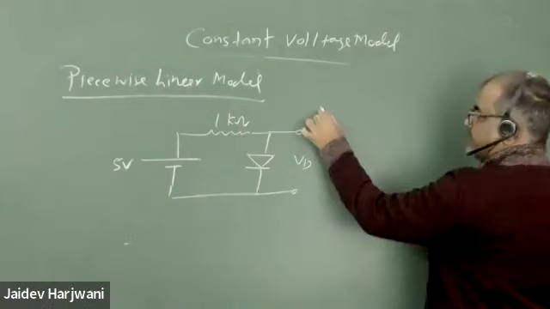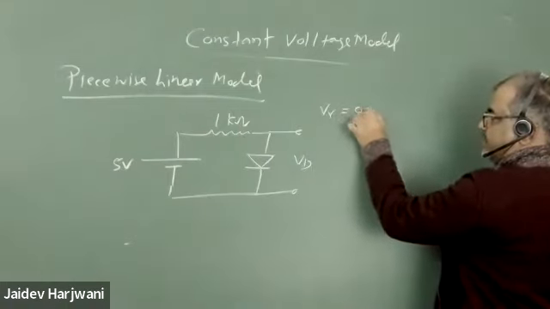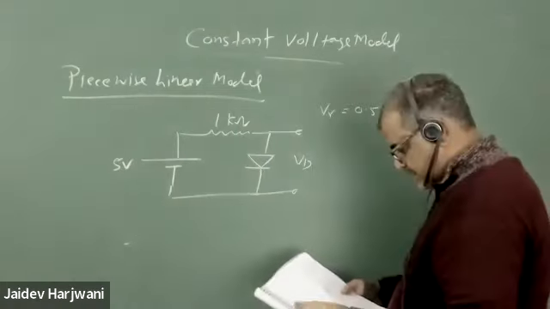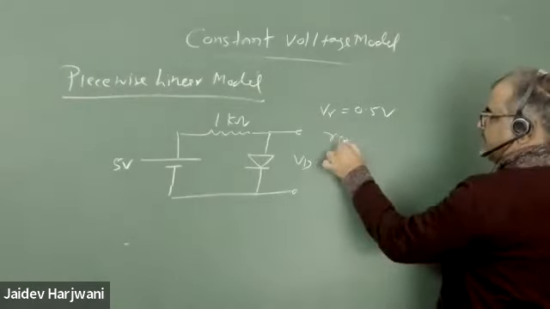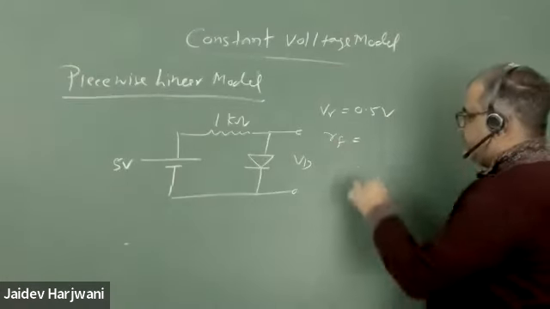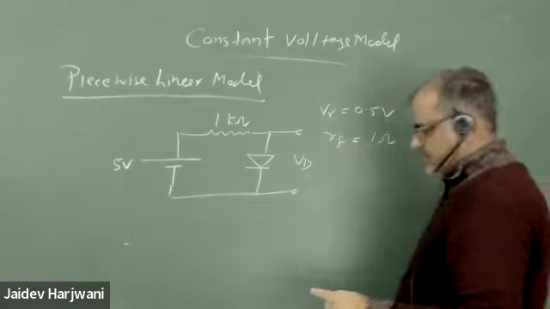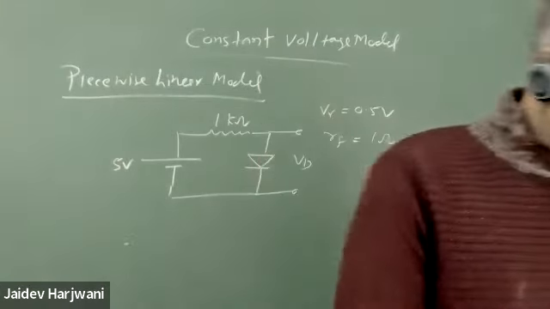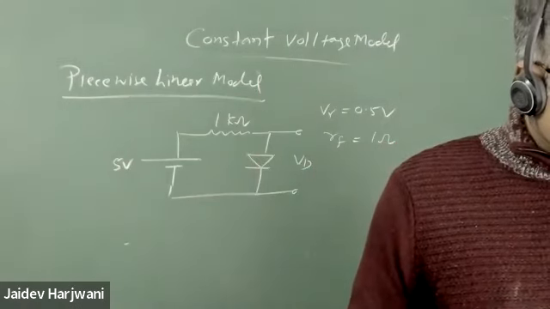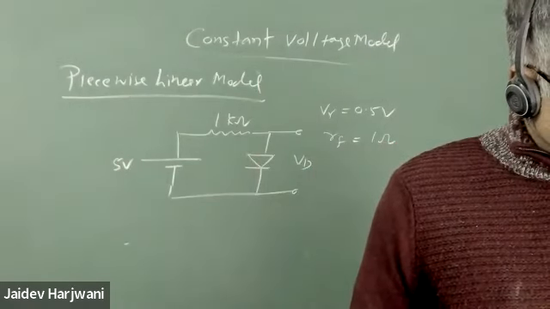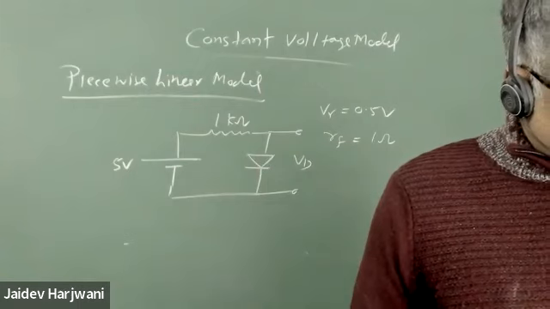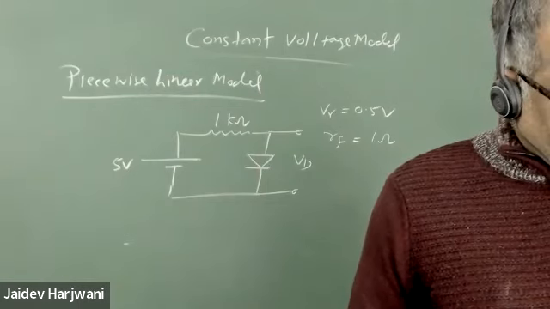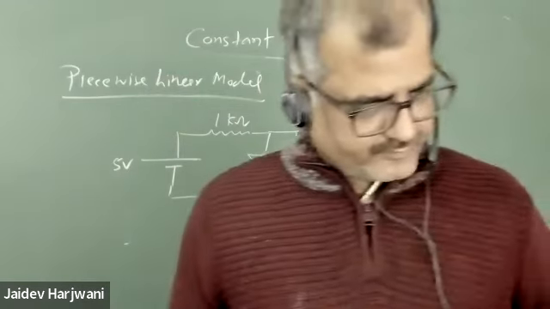V gamma is given as 0.5 volts and RF is given as 1 ohm. So you need to tell me what is the value of VD? What is the value of VD?